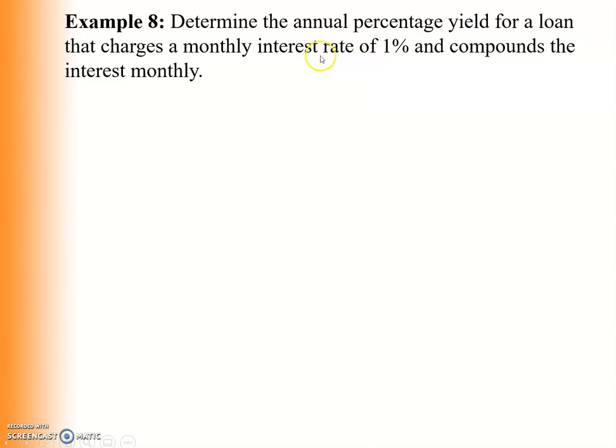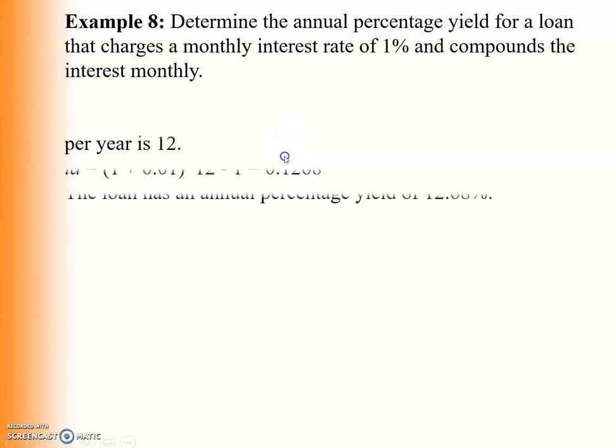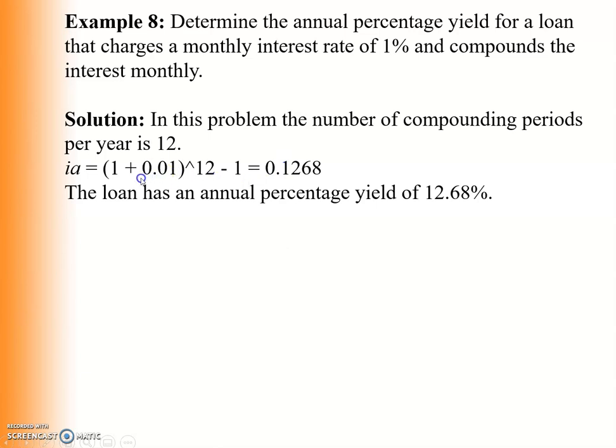Since the monthly interest rate is already given, we can multiply it by 12 and then use that formula to calculate the annual percentage yield, or alternatively simplify the formula like this. This 0.01 is because it is 1% per month, so it will be 12% per year, and 12% divided by 12 is actually 0.01. So then it will be 12.68%.